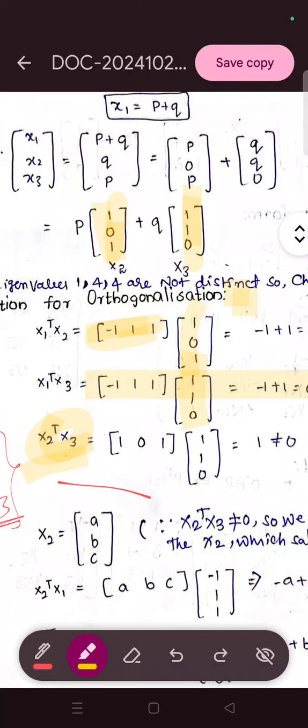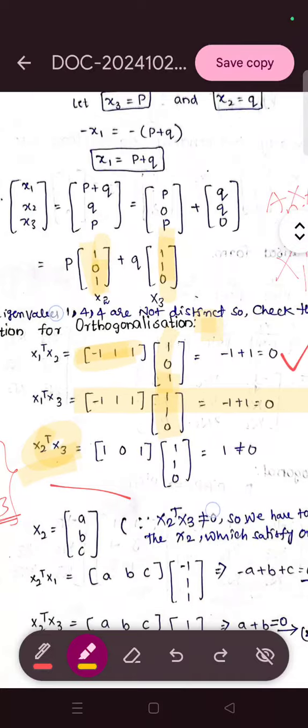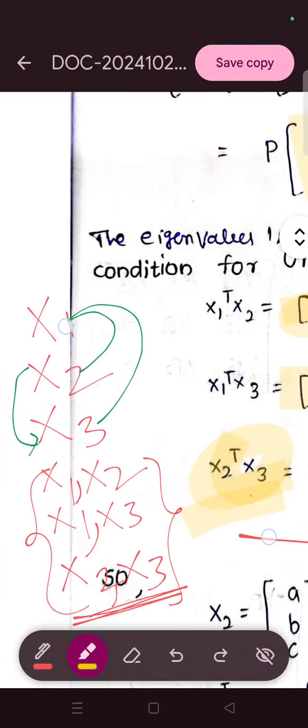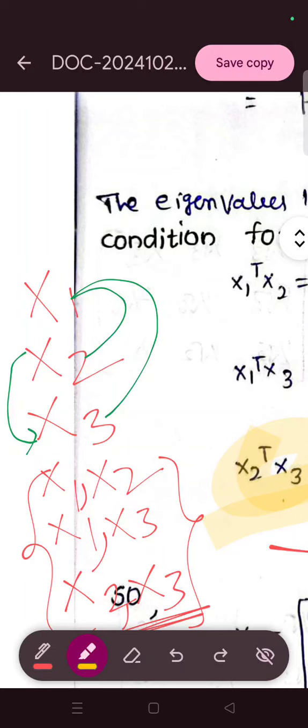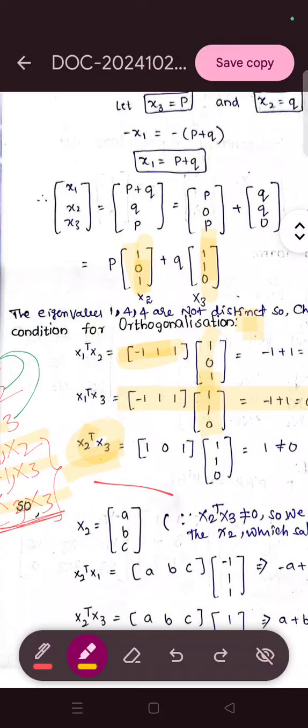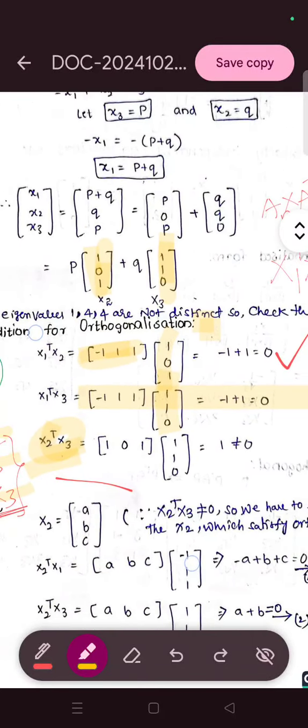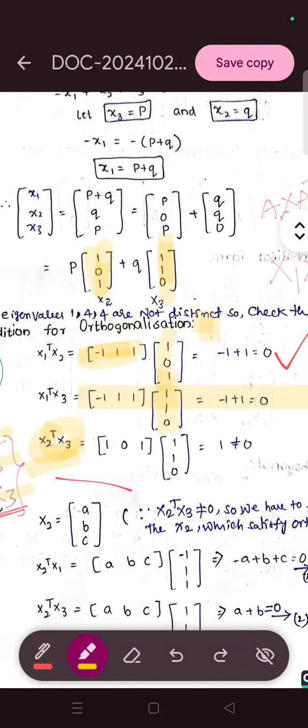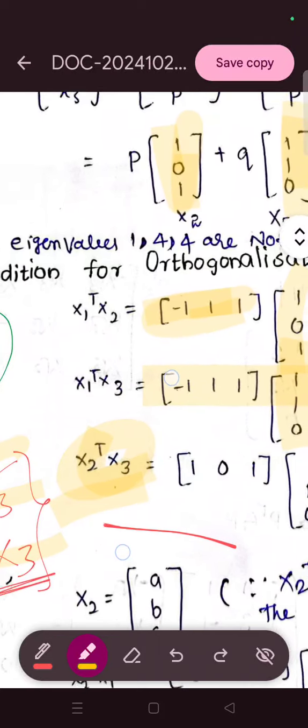So what I told in the beginning: these three eigenvectors x1, x2, x3 are mutually orthogonal when x1 transpose x2 equals 0, x1 transpose x3 equals 0, and x2 transpose x3 equals 0. So this is not orthogonal. Which one is not orthogonal?